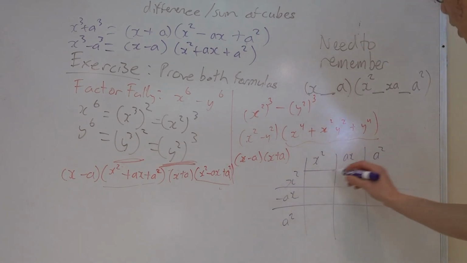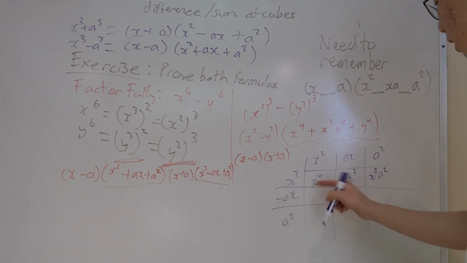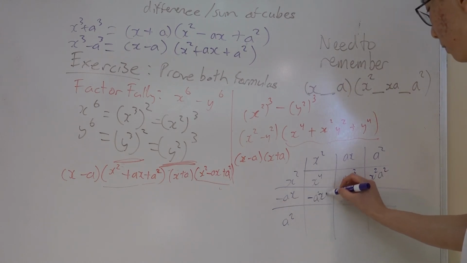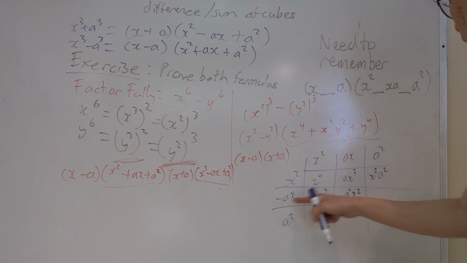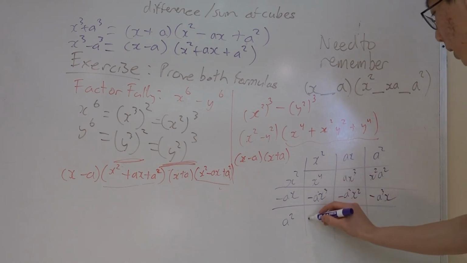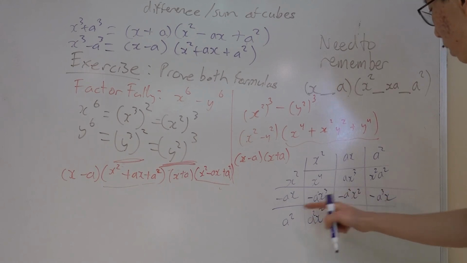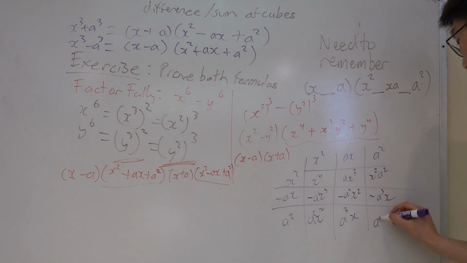Okay? If I multiply it out, you'll get x to the 4 here, ax cubed, x squared, a squared, minus ax cubed, minus a squared x squared, minus a cubed x, a squared x squared, a cubed x, and a to the 4. Okay?